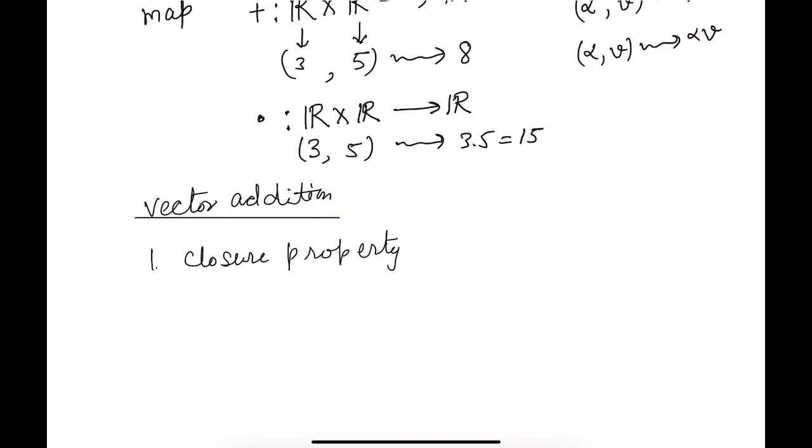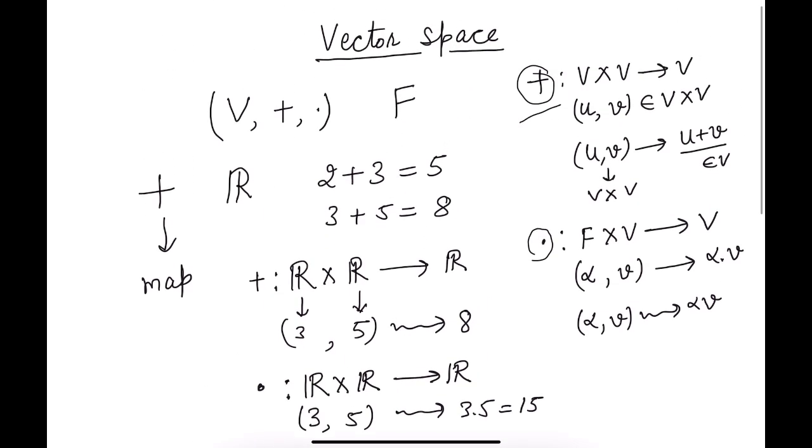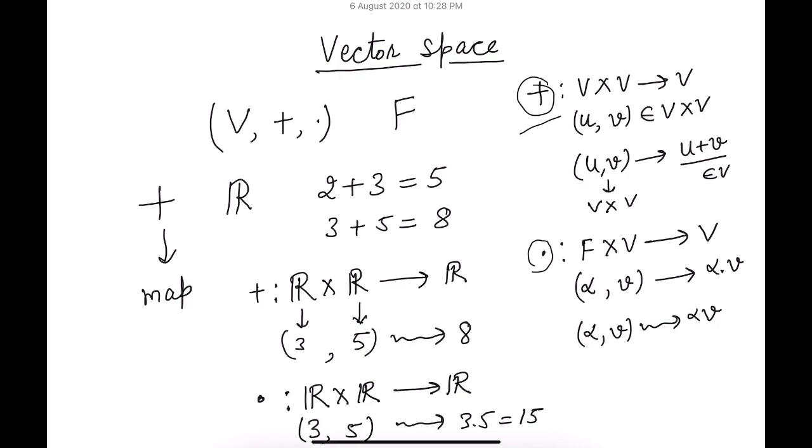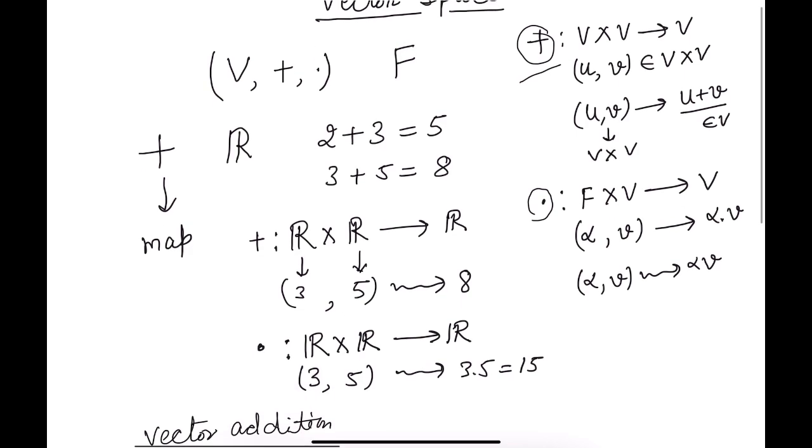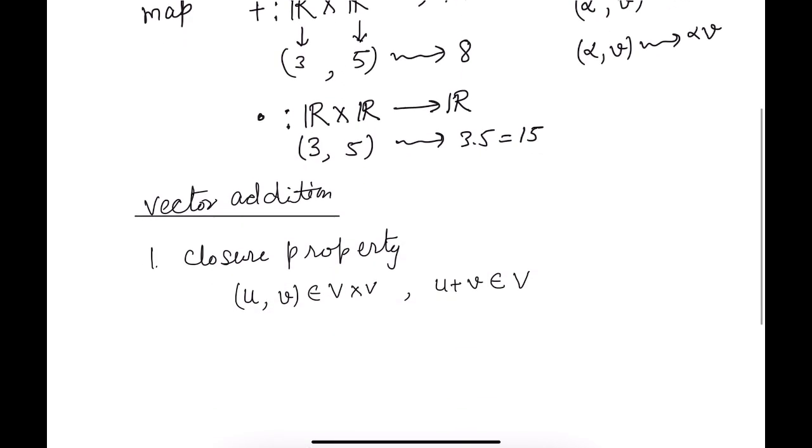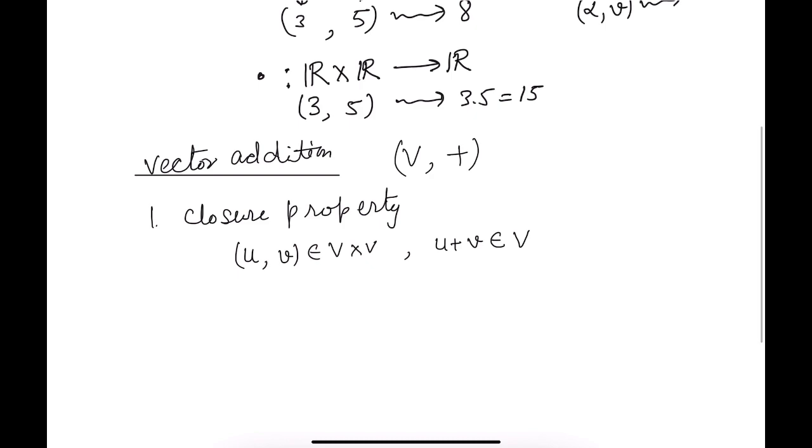Closure property means that two elements u and v that belong to V cross V always map to a single element of V. The definition of vector addition also says that V with respect to the operation plus is closed. That is, the addition operation is closed in V.